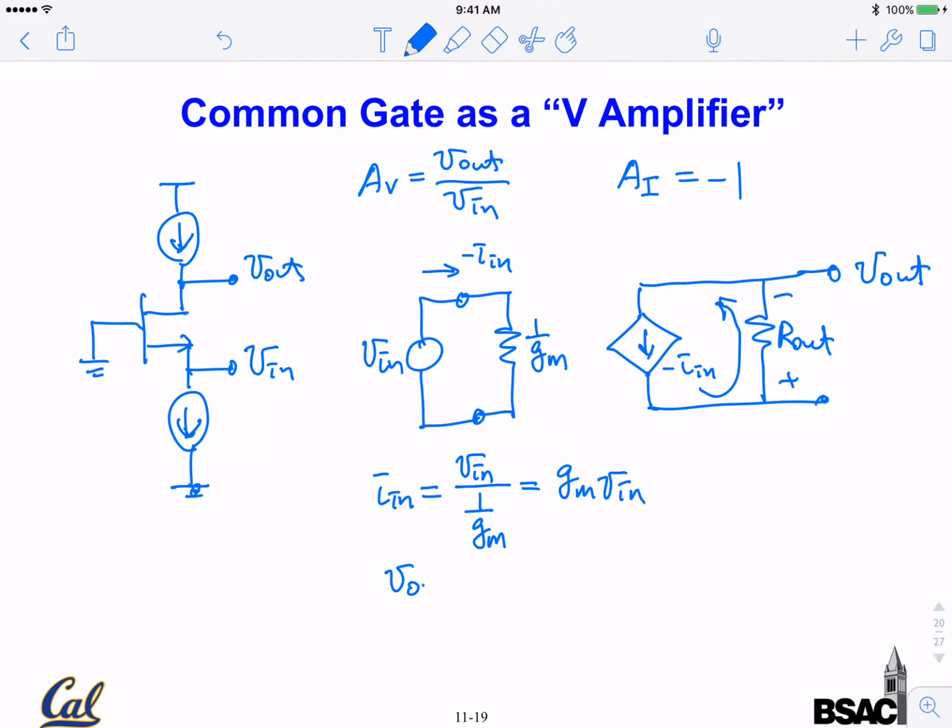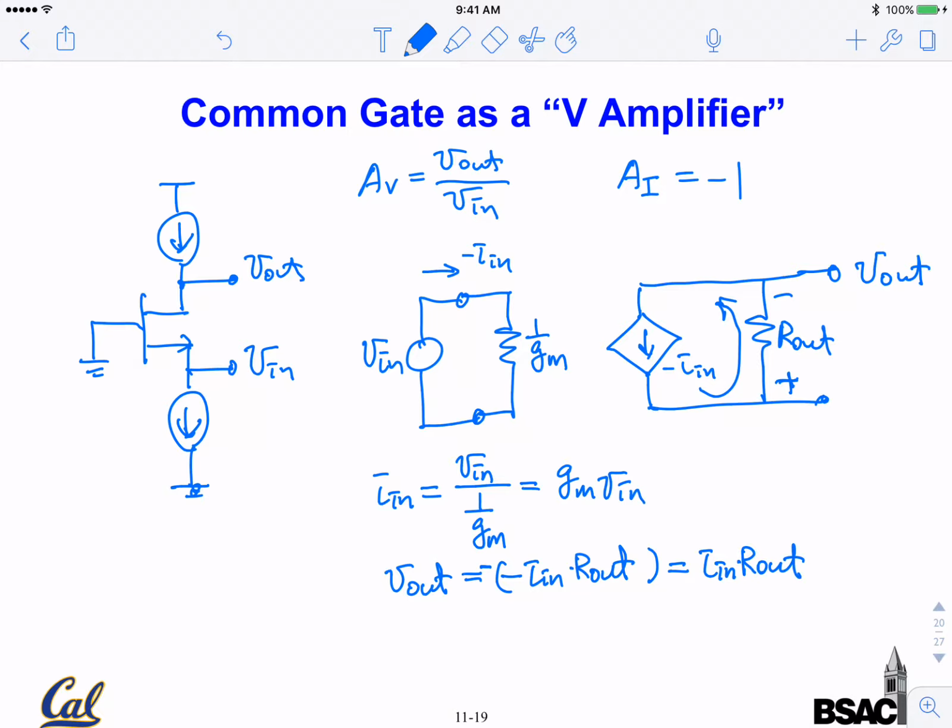So Vout is simply the current, which is minus Iin, times Rout. Now the convention is plus to minus, so I need to add another minus sign here. So this is simply equal to Iin times Rout.